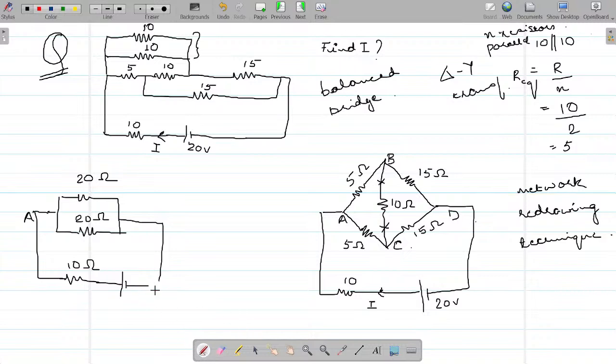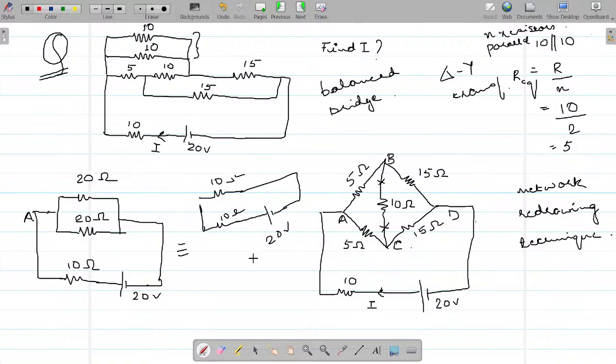I do realize the network should not be drawn in such a way, but I'm just trying to save time. So this is 20 volt. Now 20 parallel 20 is 10. The same logic here. 20 parallel 20 would be 10. So this equivalent would be 10, which is again in series with the 10 ohm resistor, and the equivalent 20 volt.